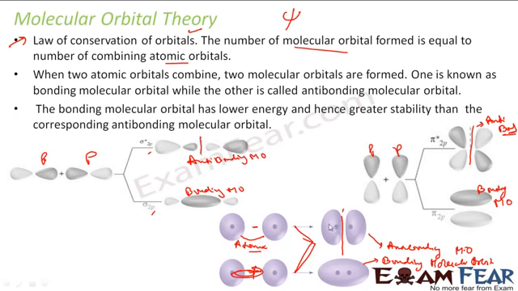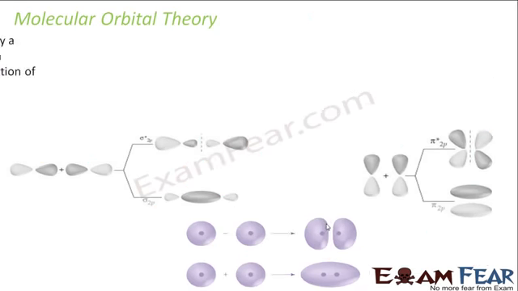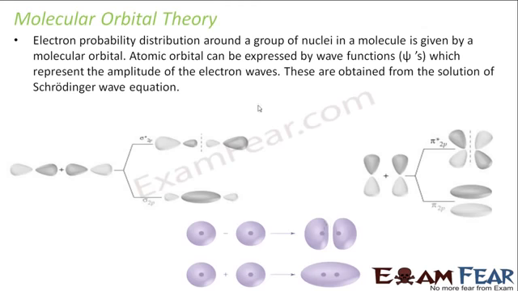Now the question is why it forms bonding and anti-bonding molecular orbitals. So why two? The answer is pretty simple. This orbital is nothing but my wave function. Right? An atomic orbital is nothing but a wave function. So when I say wave function 1 and wave function 2, I can either add them or subtract them, because there is constructive and destructive interference.